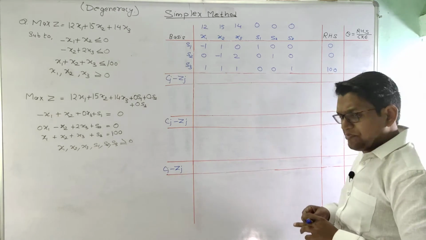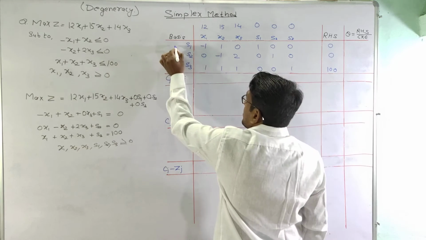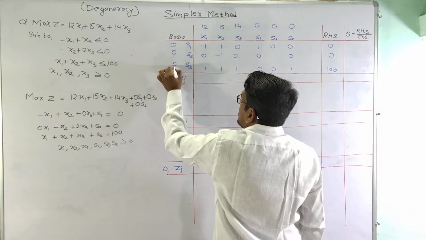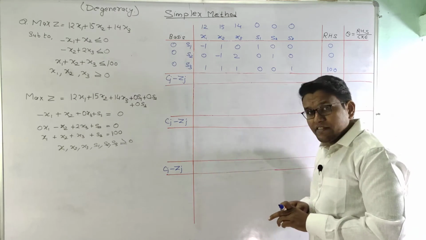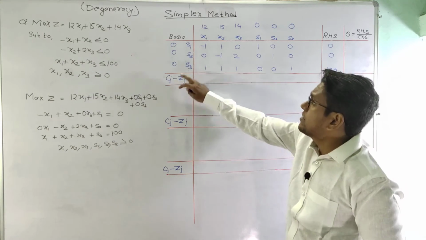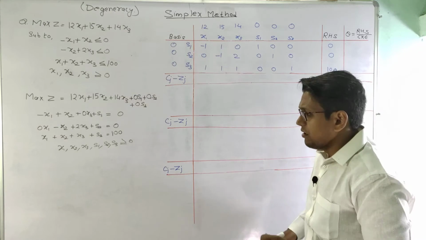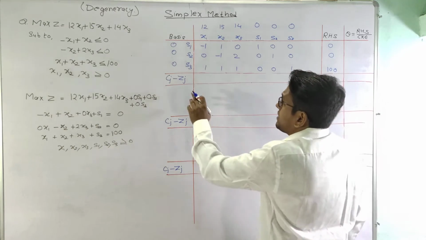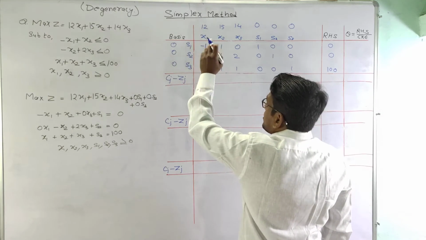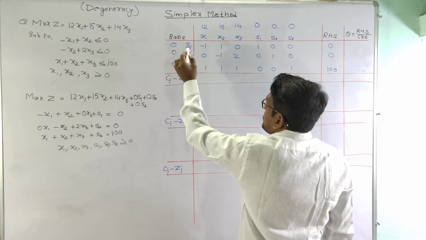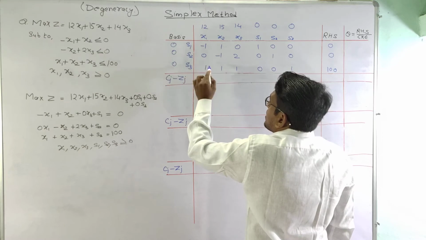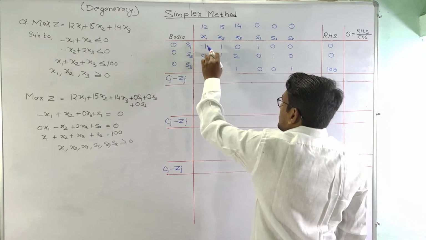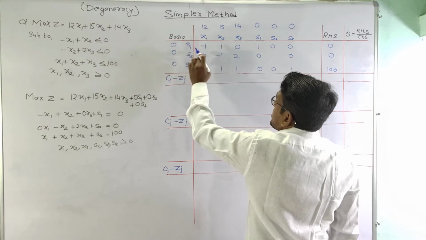Now to improve our solution, we need to calculate the value of Cj minus Zj. We know that Cj is the objective function coefficient, and Zj is the summation of cB into aij, that means 0 into minus 1 plus 0 into 0 plus 0 into 1. So this will be Zj, and as we calculate, this will be equal to 0.